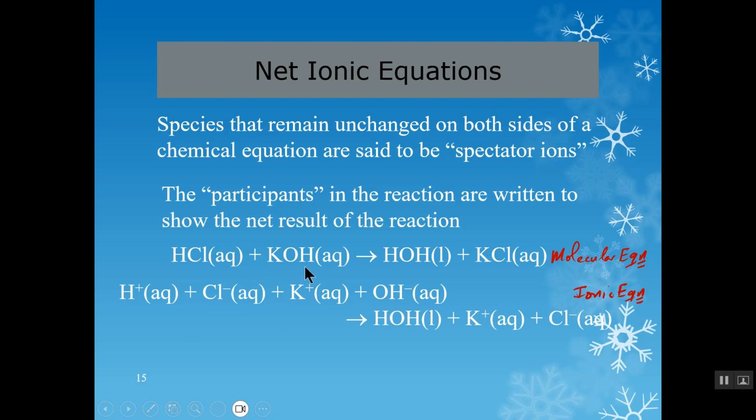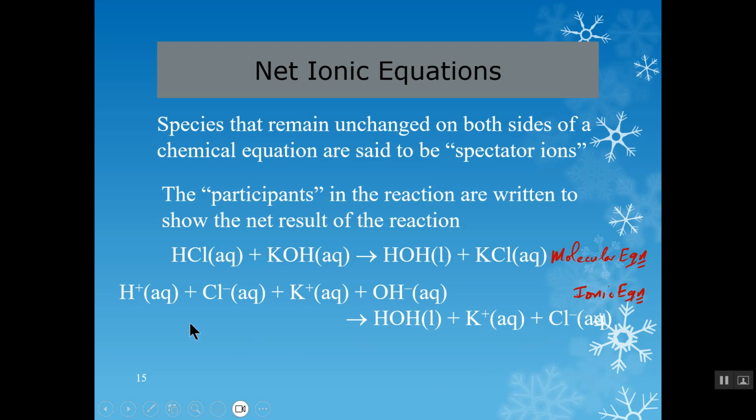Potassium hydroxide is a strong base, so it will undergo complete dissociation to form K plus and OH minus. Water is not ionic and not a strong acid, not a strong base, so therefore it will not undergo dissociation, so we simply leave it as it is. Potassium chloride is an ionic compound in an aqueous solution, so that will undergo complete dissociation to form K plus and Cl minus, all right?